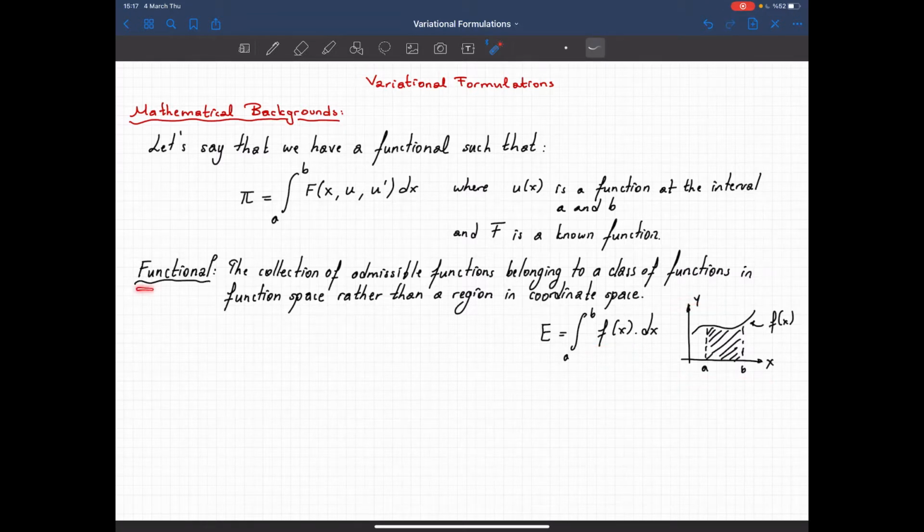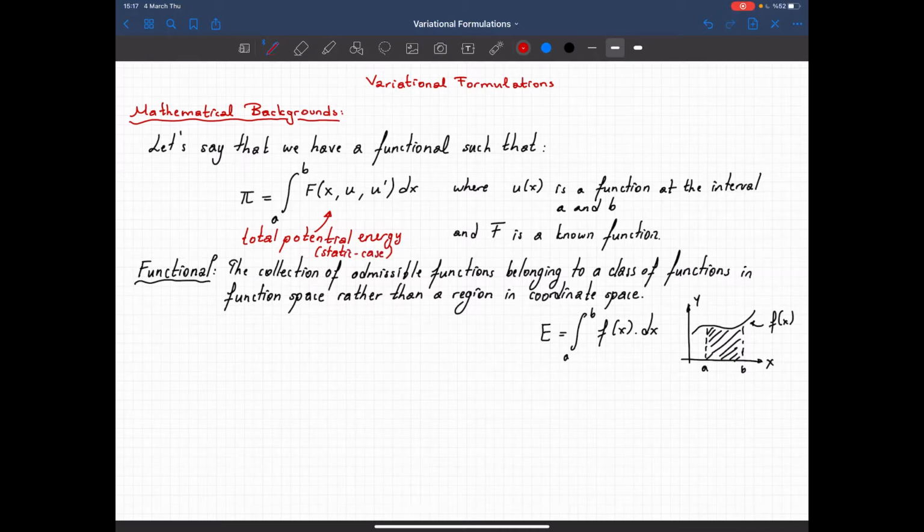Now in the functional, instead of a single function, we have a collection of functions, right? They belong to a class of functions. So we have f of x, u of x, and maybe the derivative of u of x, all evaluated under that function. For example, the total potential energy is a functional for the static case.